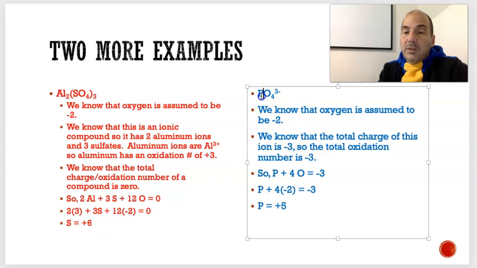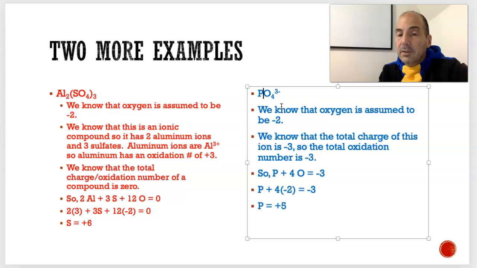Now, I also want you to see that we could do this for polyatomic ions. It doesn't have to be a compound. So we have a polyatomic ion here, phosphate. We know that oxygen is -2, so we could solve for phosphorus. But keep in mind, this is a polyatomic ion, so I can't say that phosphorus plus 4 oxygens equals 0. I have to say that phosphorus plus 4 oxygens equals -3, because that's the total charge of this ion.